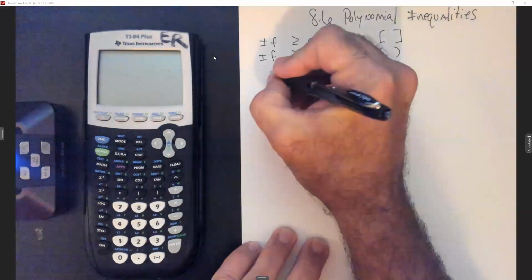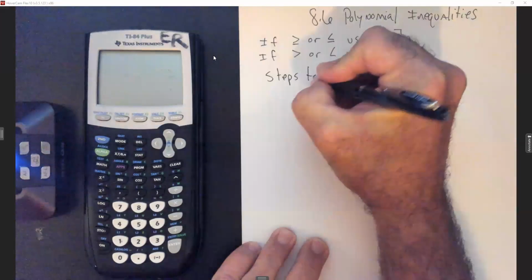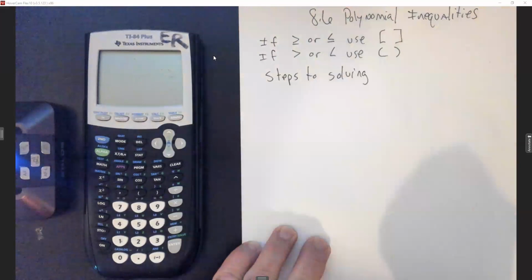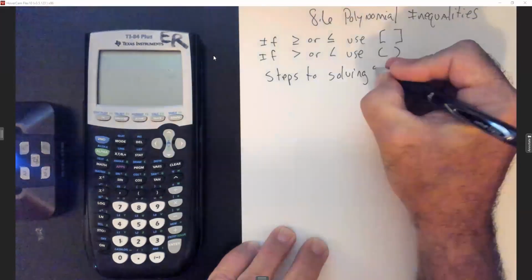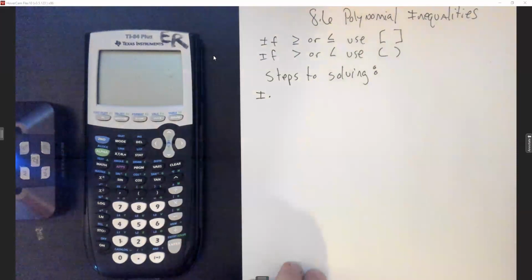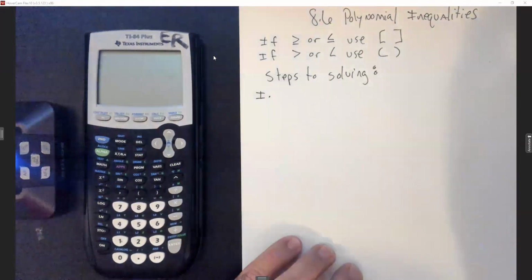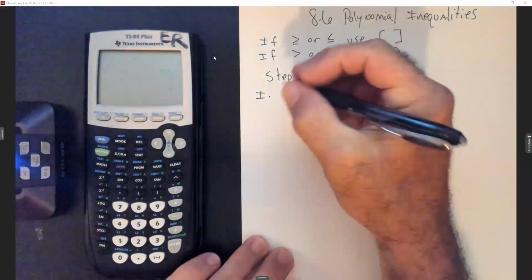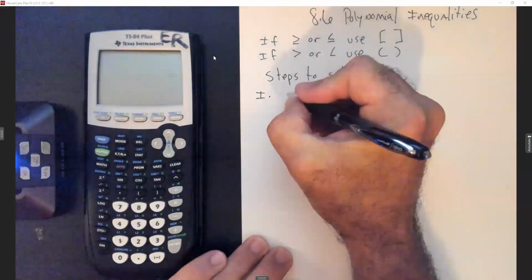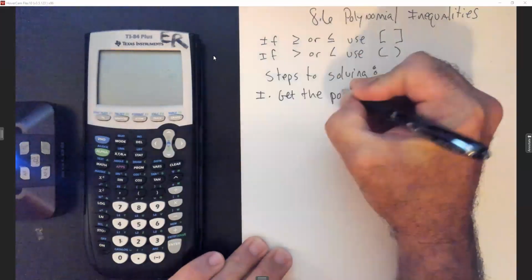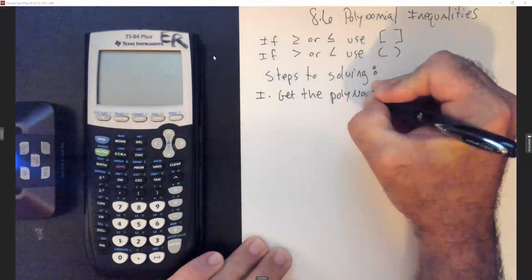So the steps to solving these inequalities. All right, so the first thing you want to do, just like on any of these, is get everything set equal to 0. So get the polynomial equal to 0.